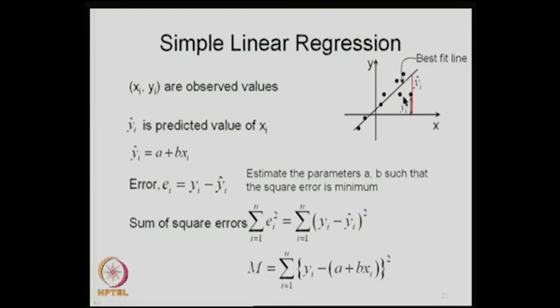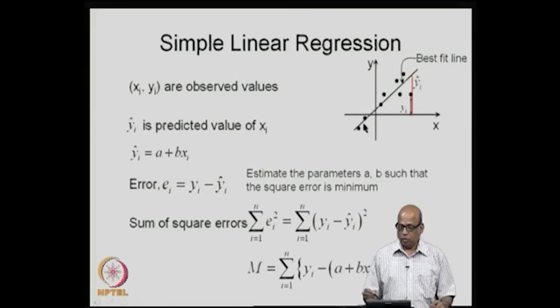You have the observed values of rainfall and runoff, and we have the scatter points, as you can see from this figure. Now, we want to obtain a linear relationship between these scatter points.